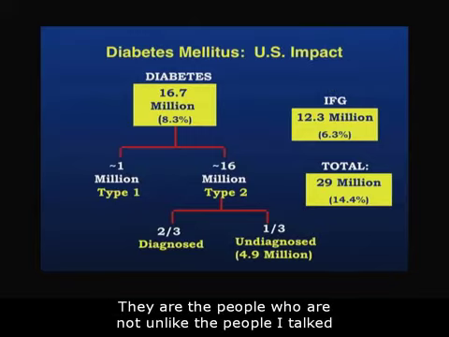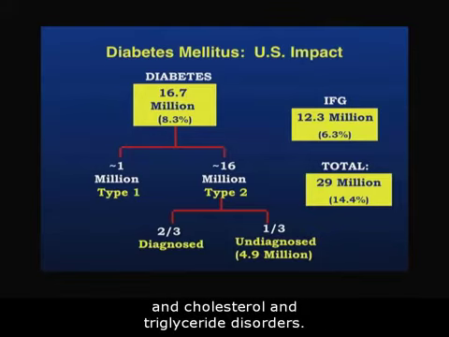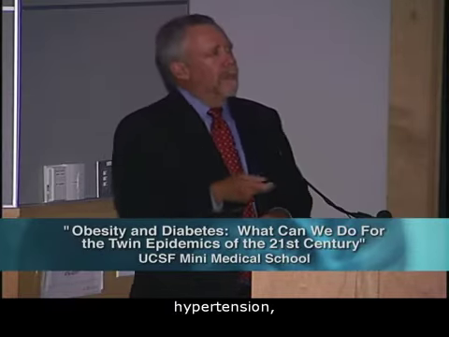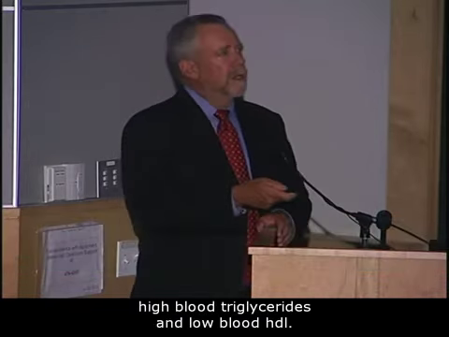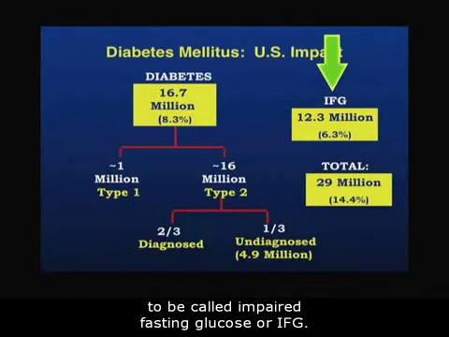They're not unlike the people I talked about the first week, who also have high blood pressure and cholesterol, blood triglyceride disorders. And those tend to go together. Central obesity, hypertension, a high blood triglyceride, a low blood HDL, and a high blood sugar. Not quite high enough to be called diabetes, but high enough to be called impaired fasting glucose, or IFG.